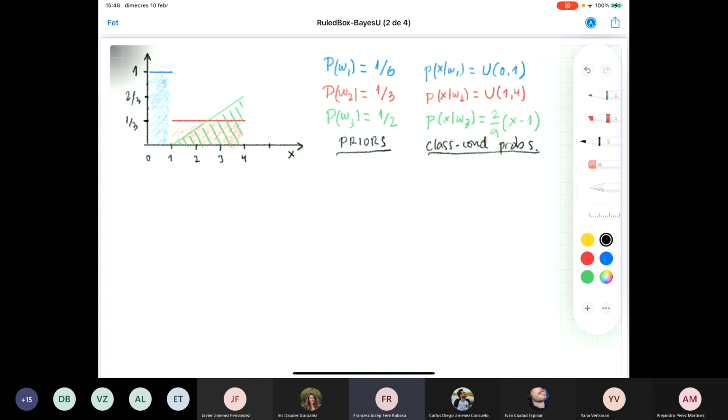Okay? From this, we have drawn this graph on the left. And now the exercise says draw the following. The class conditional probabilities are what we already have. The unconditional probability P(x): we are not supposed to compute this, just to draw it.